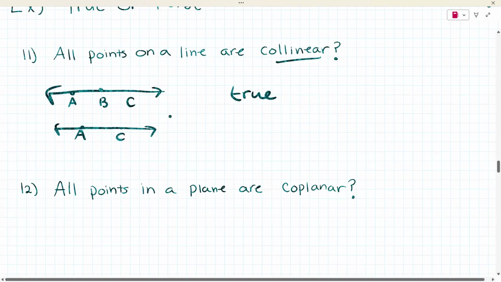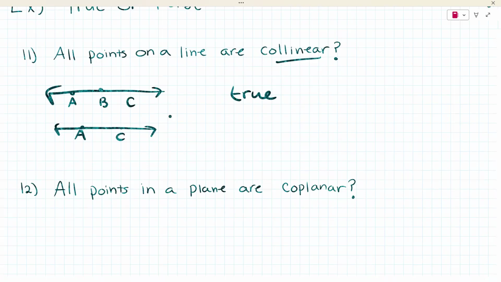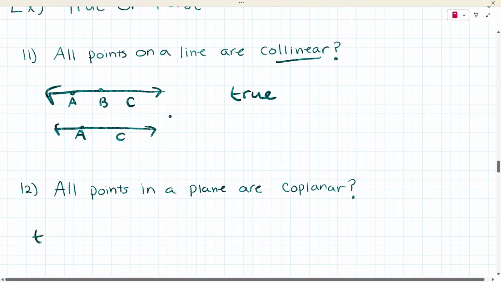12, all points in a plane are coplanar. Yes, all points in a plane must be coplanar. Remember, coplanar means they have to be non-collinear. So why is this true? Number 12, all points in a plane are coplanar. Here's a plane.